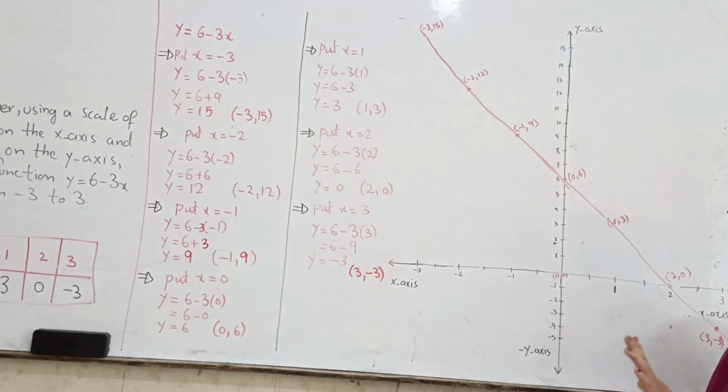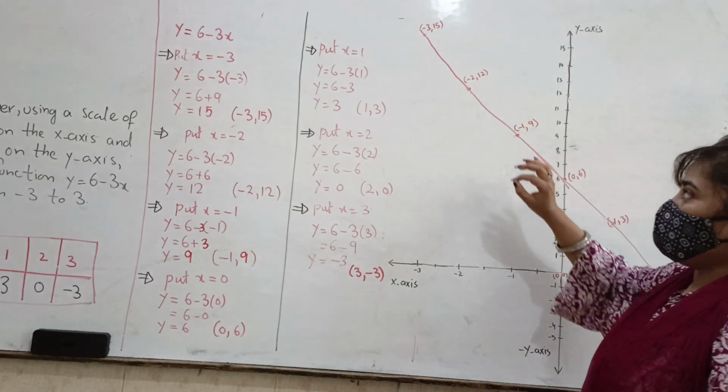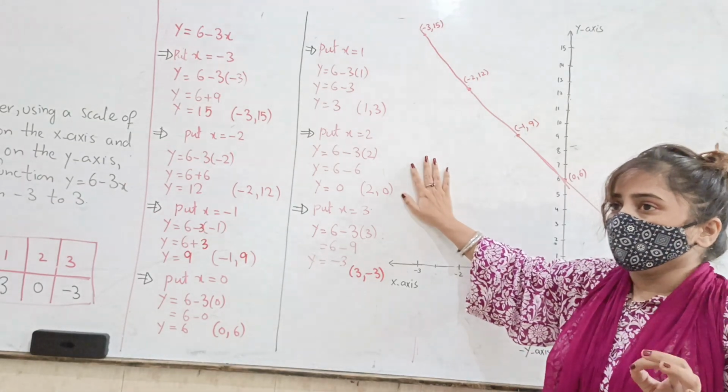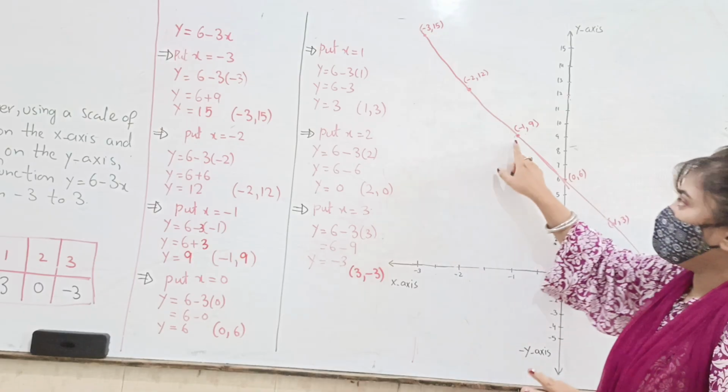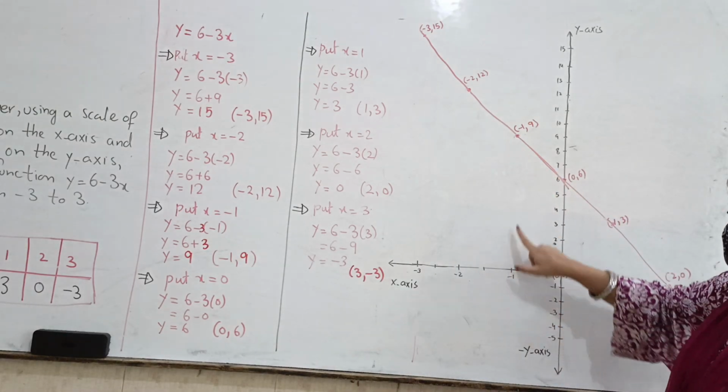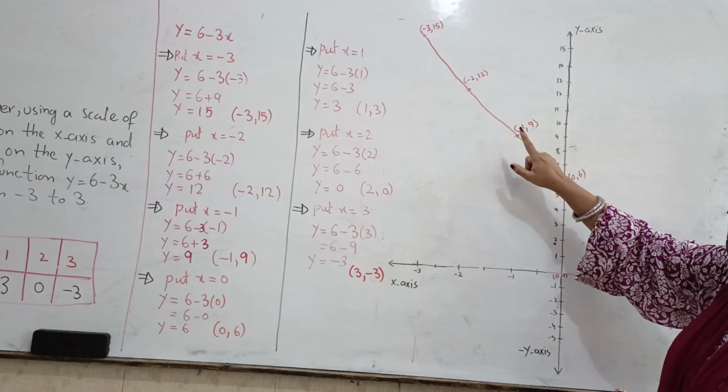It will help you. Please write coordinates. Just because the points are not enough, you have to mention the coordinates at every point. Similarly, -1, this, and the corresponding y value is 9.